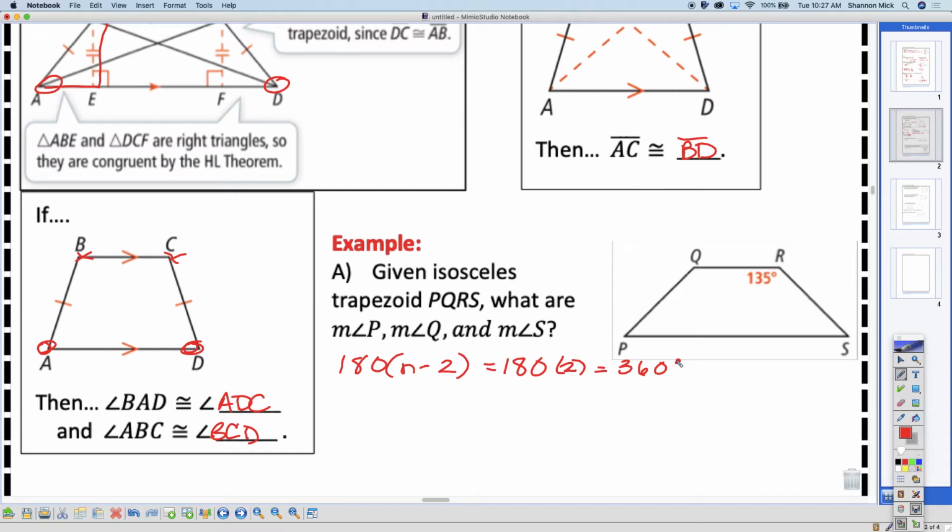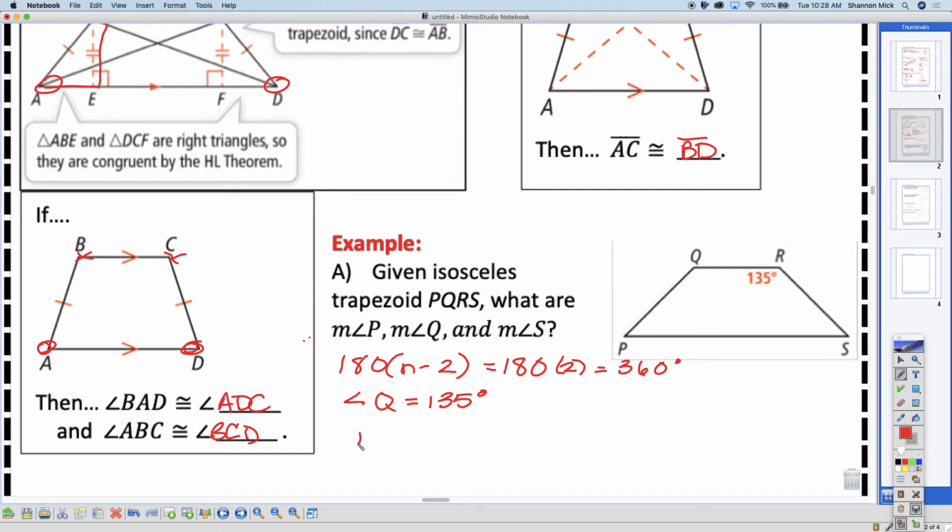Okay, so I know that R is 135. Isn't Q 135? Q is also 135, isn't it? Well, then wouldn't you add Q and R together and subtract it from 360, and then divide by 2, because P and S are going to be congruent, correct?